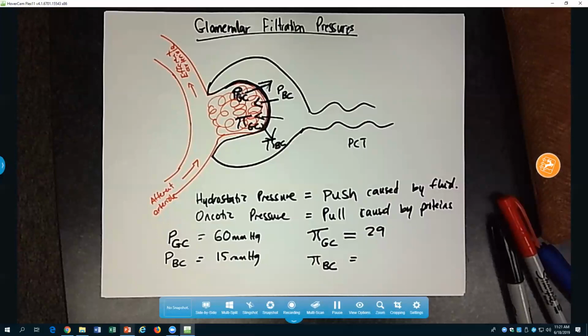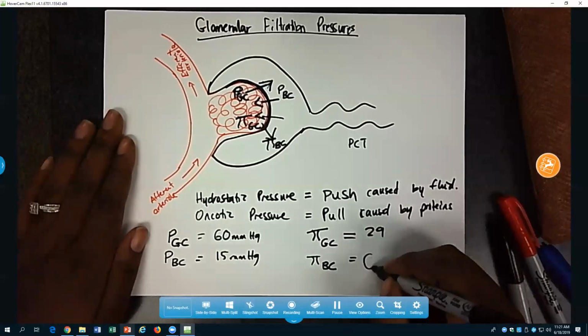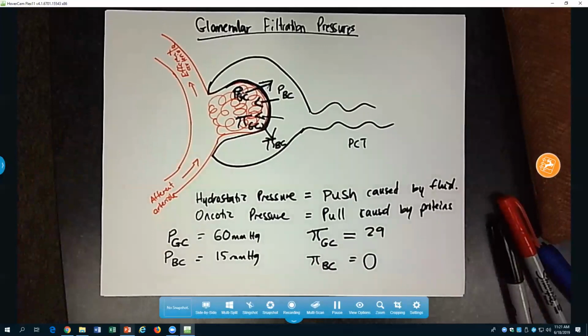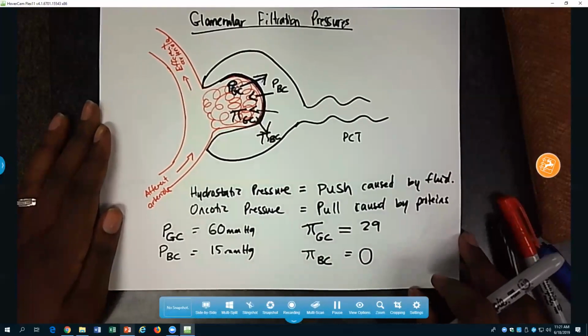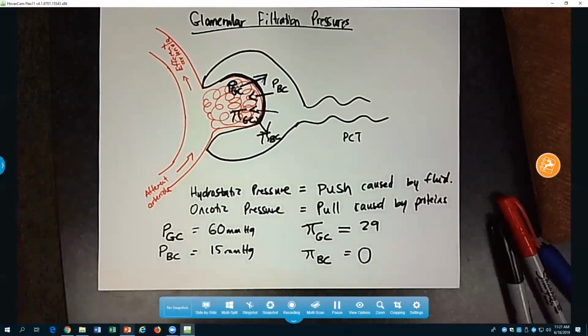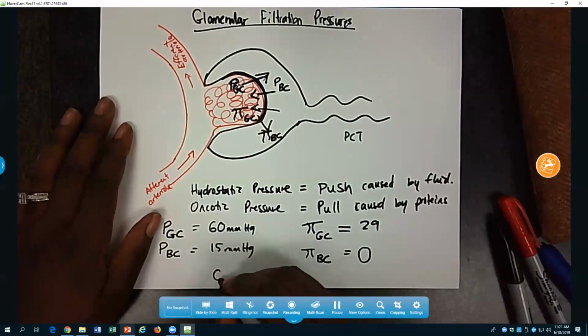Alrighty? And so the pull from the Bowman's capsule should always be 0. There should be no protein in this space, or in this filtrate. I want you to work on this, try to calculate this and see what you get for the GFP, the overall glomerular filtration pressure.